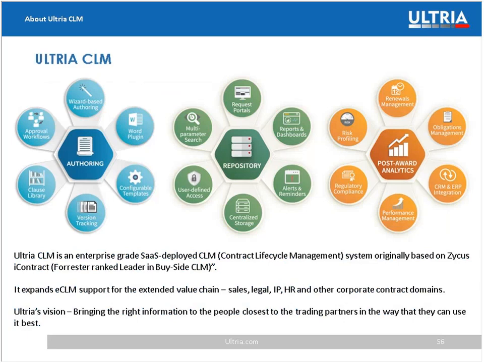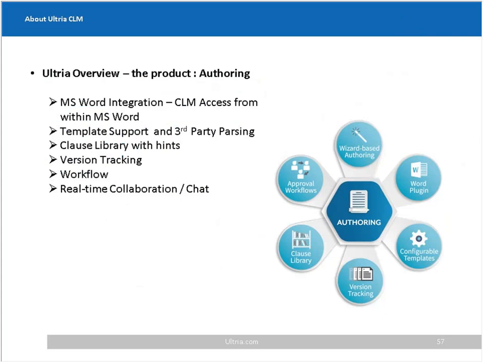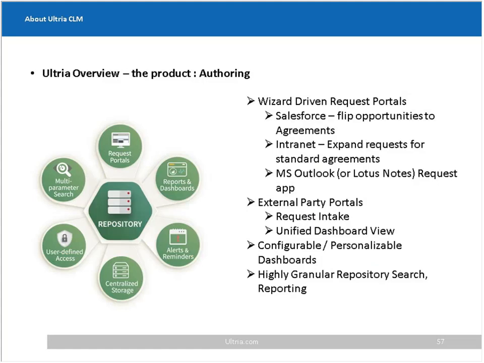But Ultria, as a full lifecycle CLM, offers everything from automated drafting and document generation, with a Word plug-in environment to keep people in the tools that they are used to. Full clause library, playbook support, template library, multilingual, with a workflow and approval process from the initial request intake through the authoring, internal approval, and reviews.